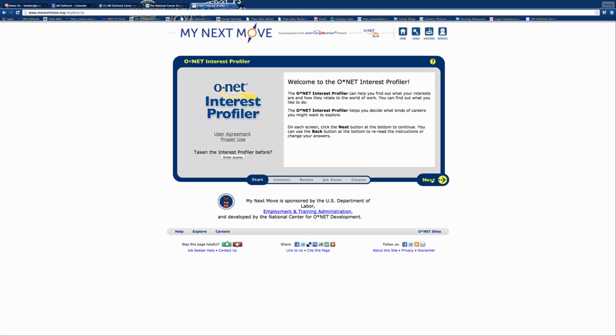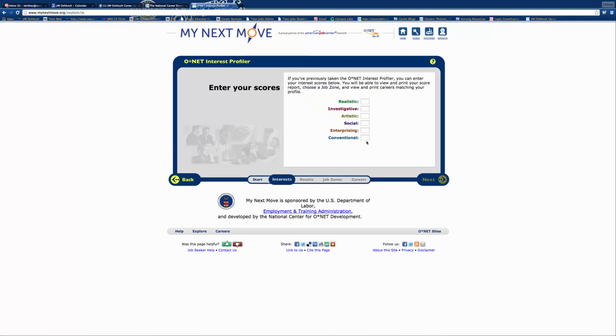At the end, I do recommend, if you take a student through this, have them, I believe it gives them an option to print. When you go to print, you can then save that document. Otherwise, what will happen is because they don't log into this website, the information will be lost. However, if they know those scores and that document, they can enter their scores, and they can go through it a little bit faster.